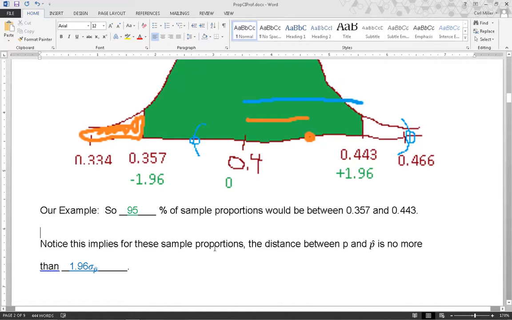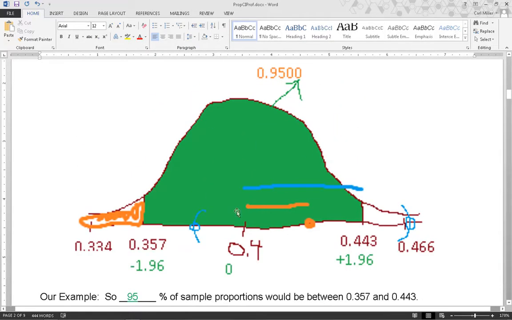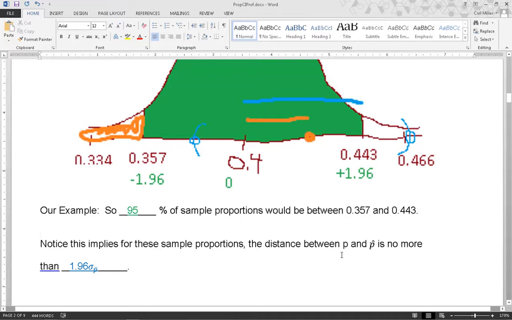Notice this implies for these particular sample proportions, these 95%, that the distance from P, 0.4, to P hat, like where this orange value is, is no more than that 1.96 times sigma sub P hat value.